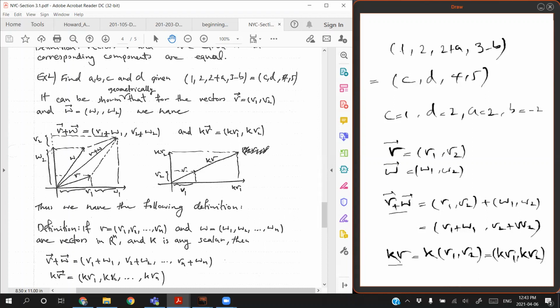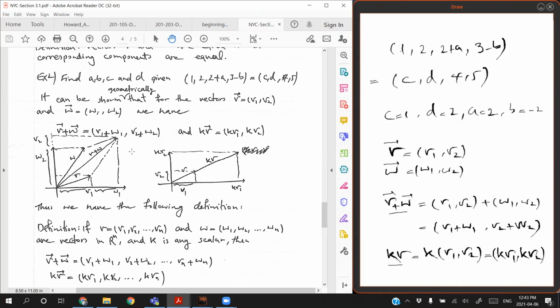So this length is going to be w2, and then this length from the origin up to this point here is going to be w1. Now, geometrically, if you add up v and w using the parallelogram technique, you're going to get this vector, which is the diagonal of the parallelogram.